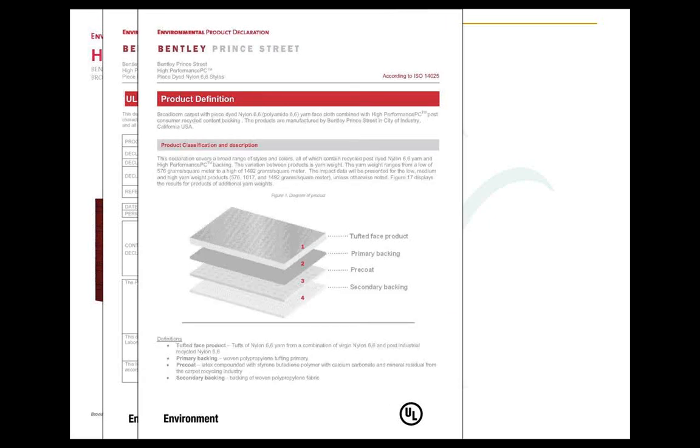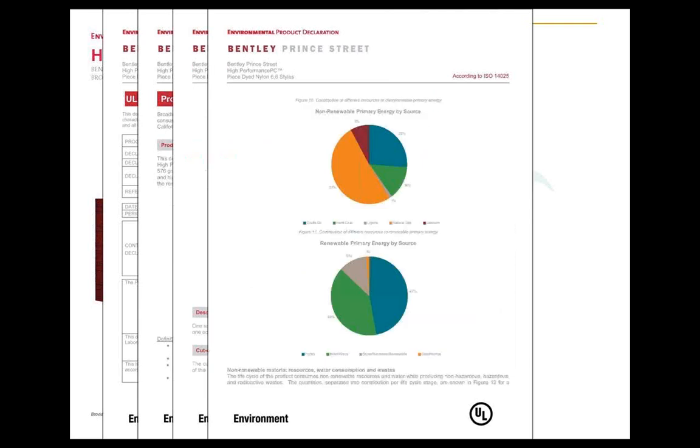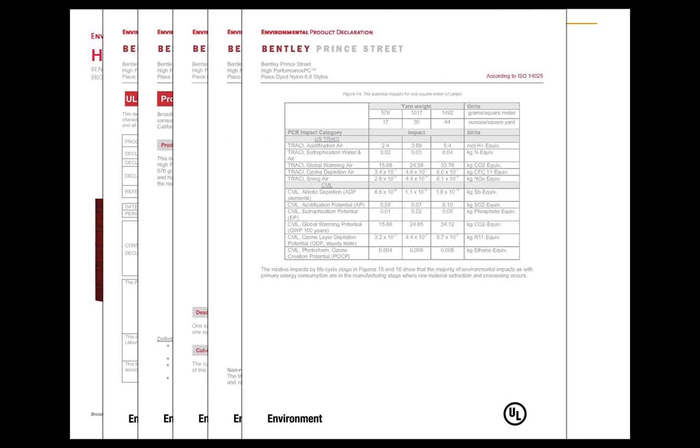And then you get into some of the detail of the product, describing what the product is made from, what it's used for, life cycle stages that were included and which ones were not. Some other information, a lot of times these graphics are included or not. And then here's the table that I talked about. This is the table that describes the life cycle impacts.